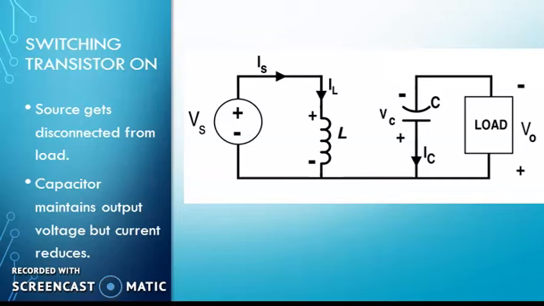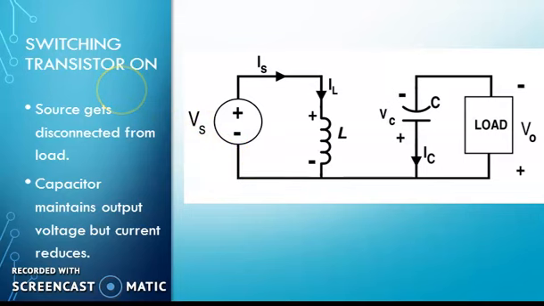When the switch is off, the diode gets forward biased due to the inductor polarities. As the inductor releases its energy, it has opposite polarity, and the capacitor again starts charging.